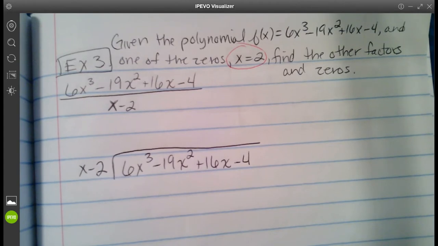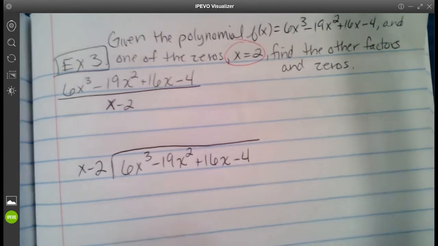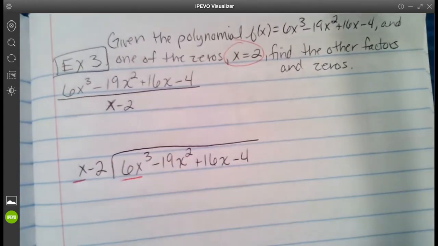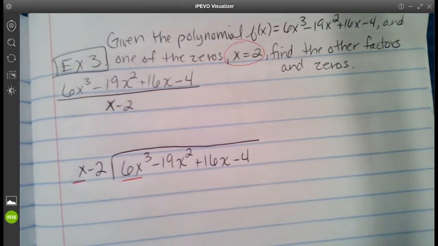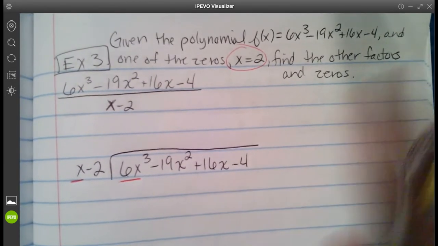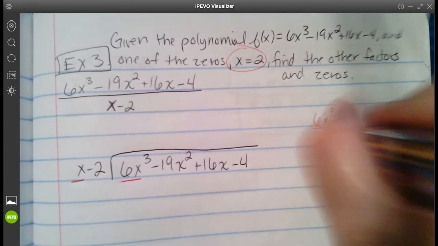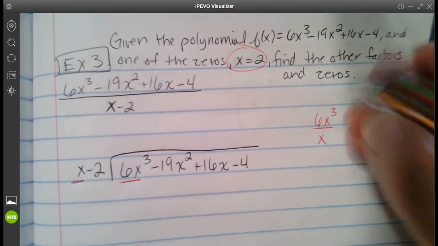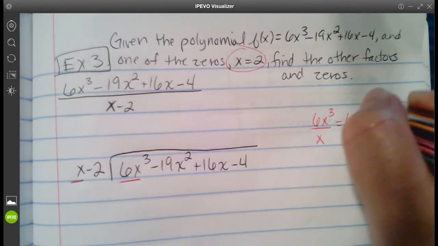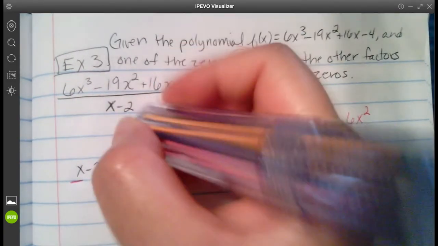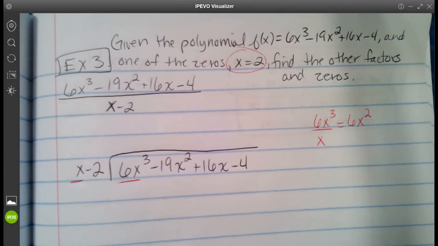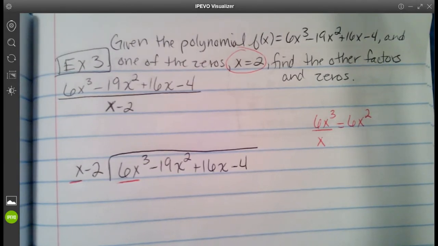Okay? So first, we're going to divide our first term into our first term. So if you have to do some sight work, by all means, do the sight work. This is like saying 6x cubed divided by x. Okay? Which is going to give us 6x squared. So the first part right here is 6x squared.